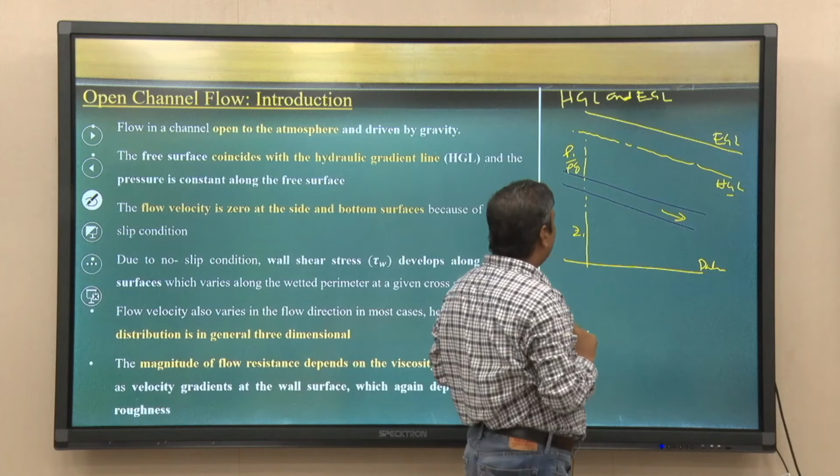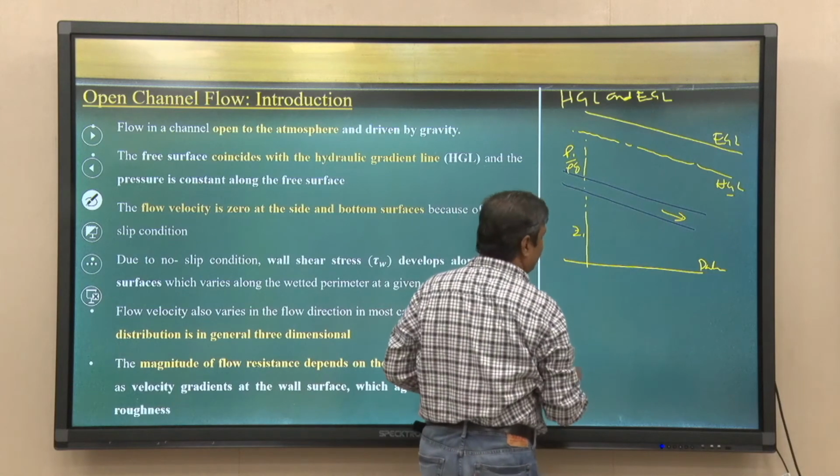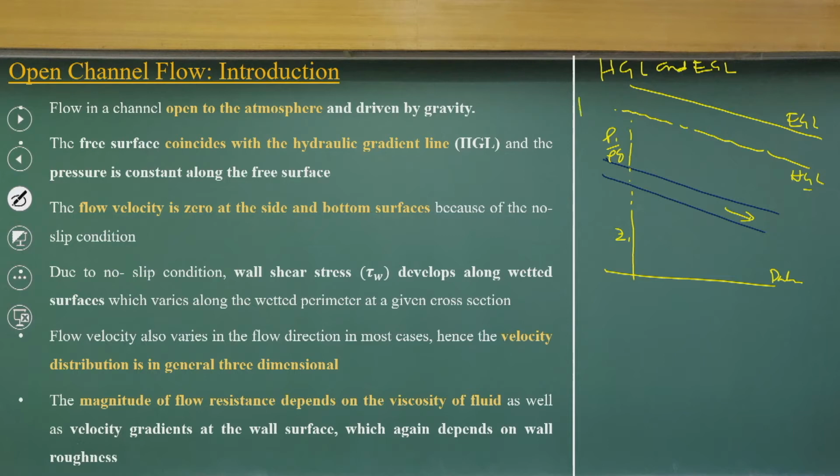Okay. But now, when I come to open channel flow, this is what the pipe flow was. So, this is my free surface in a channel flow. Okay, this is a channel flow having a slope, let it be theta.